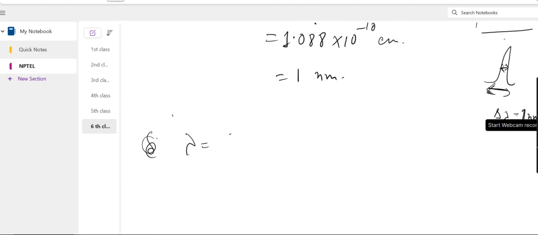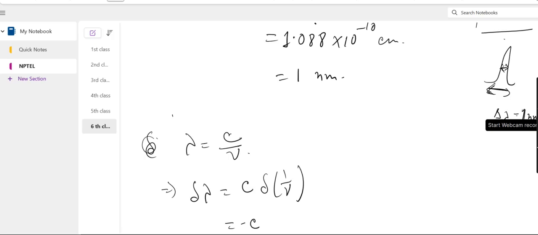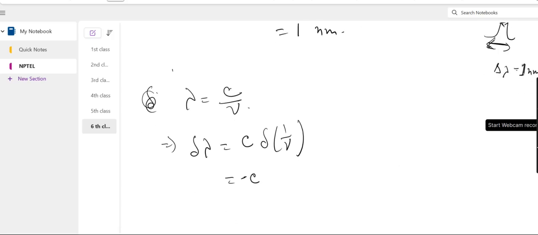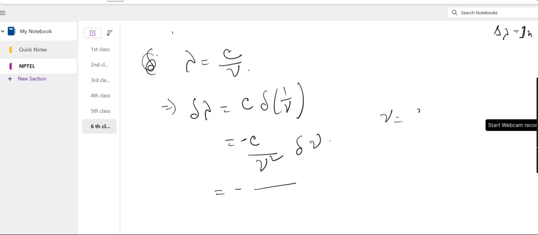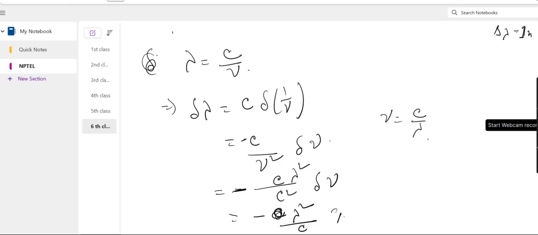Basically, lambda is equal to c by nu, so delta lambda is c delta (1 by nu), so minus c by nu square delta nu, and nu is c by lambda, so that would be lambda square by c delta nu.